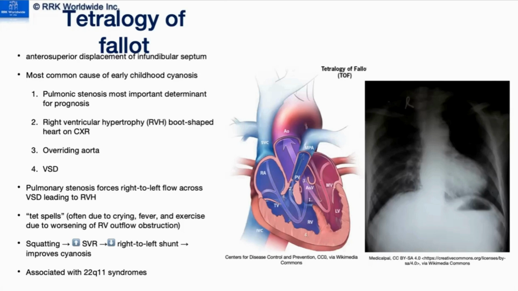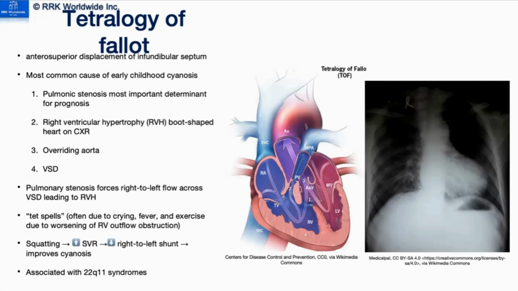Okay. So aside from pulmonary stenosis, you see a VSD, right? There's going to be a VSD, ventricular septal defect. There's also going to be an overriding aorta. So you can see the aorta sort of overrides. You can see in this image here clearly, one is going to be your VSD, two is going to be your right ventricular hypertrophy.